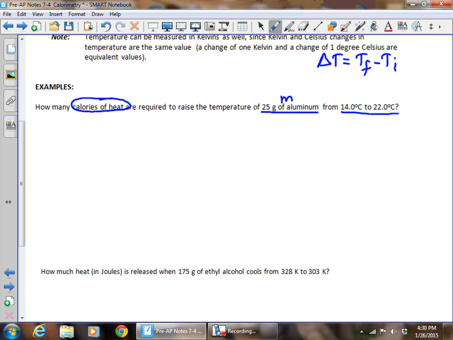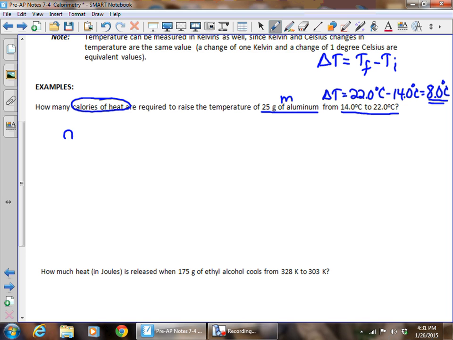So in these problems, you're going to take the final temperature minus the initial temperature. So the ΔT is going to be the 22 degrees Celsius minus the 14 degrees Celsius, which in this case is going to give us an 8 degrees Celsius change in temperature. So that's our ΔT.